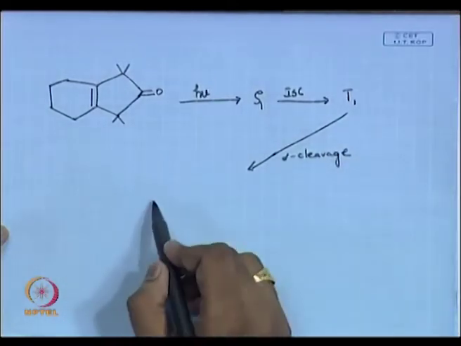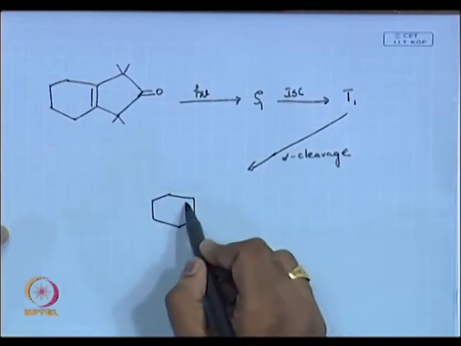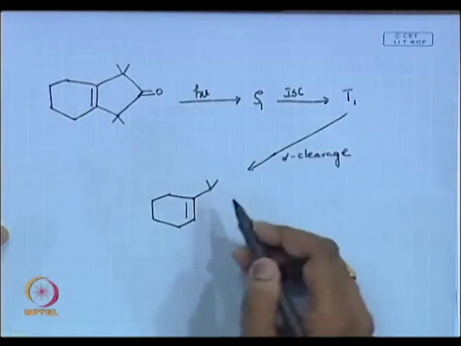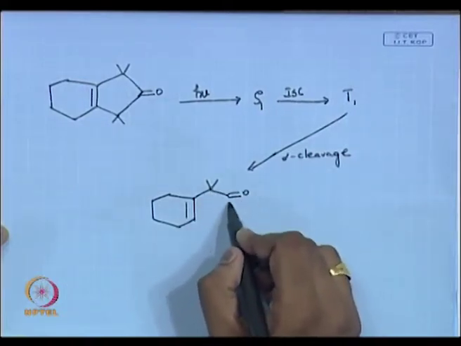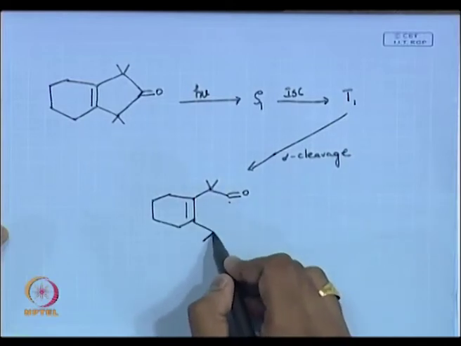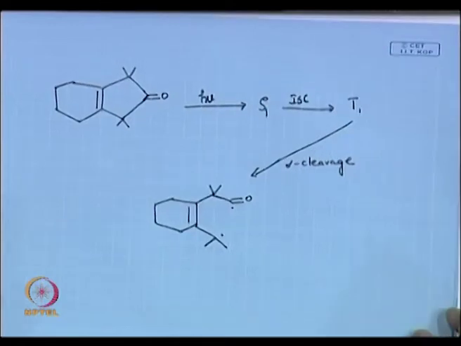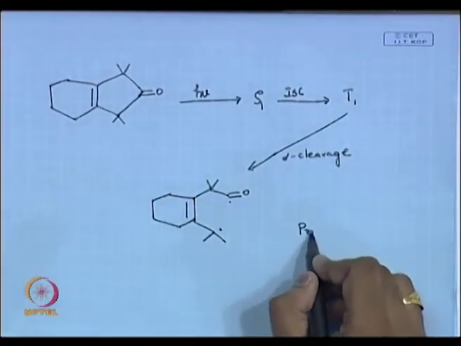Since both sides are symmetrical, there is no problem, both sides are the same. So, it should give me only one radical. I get this radical, right. This is your primary process.